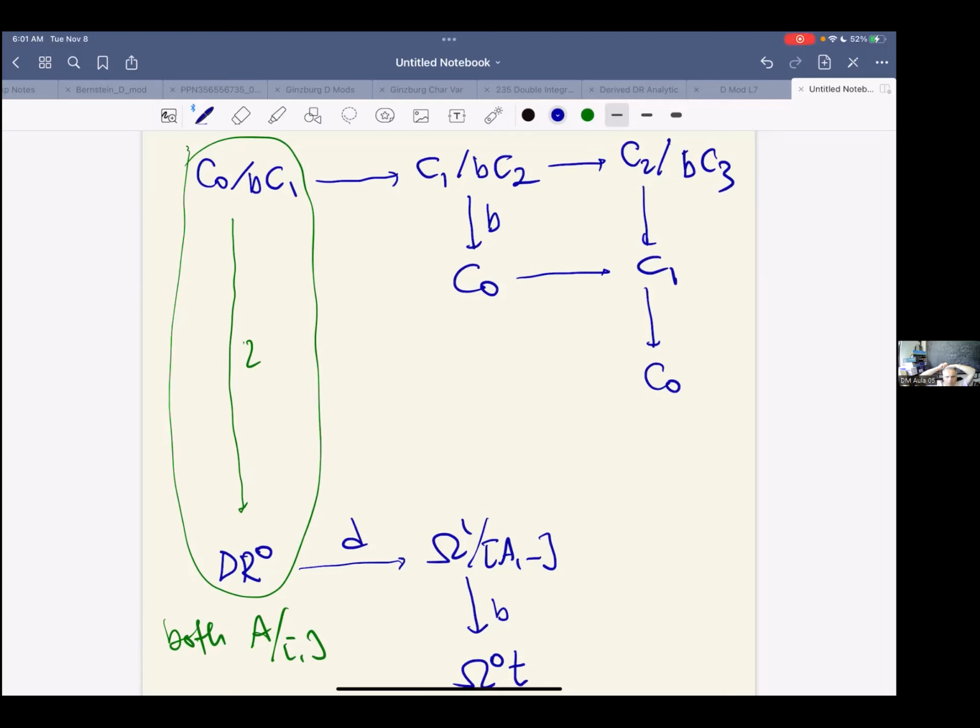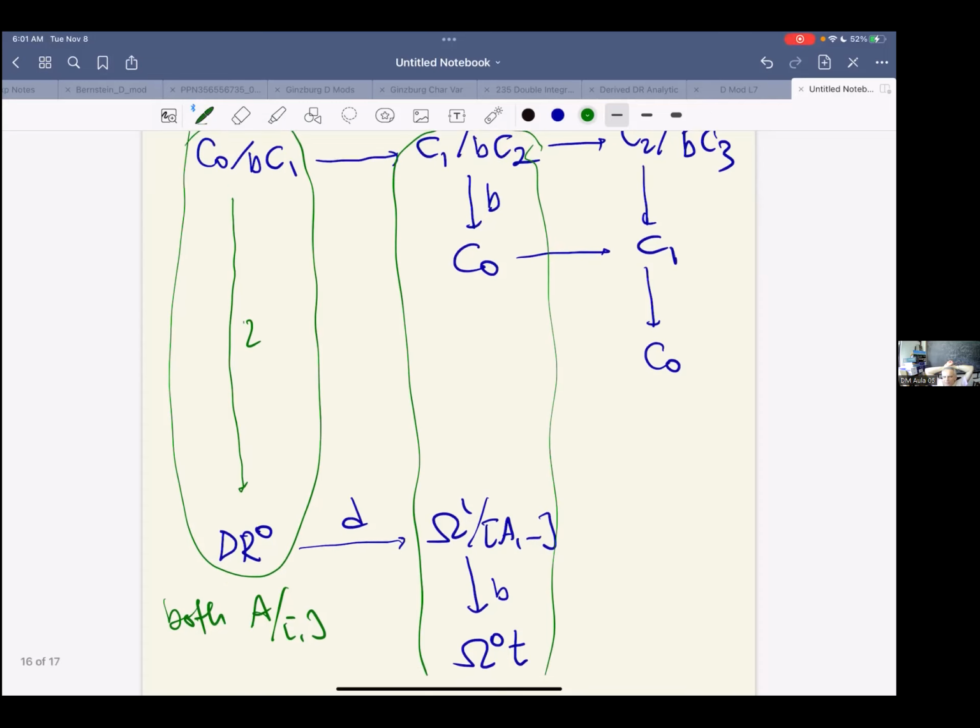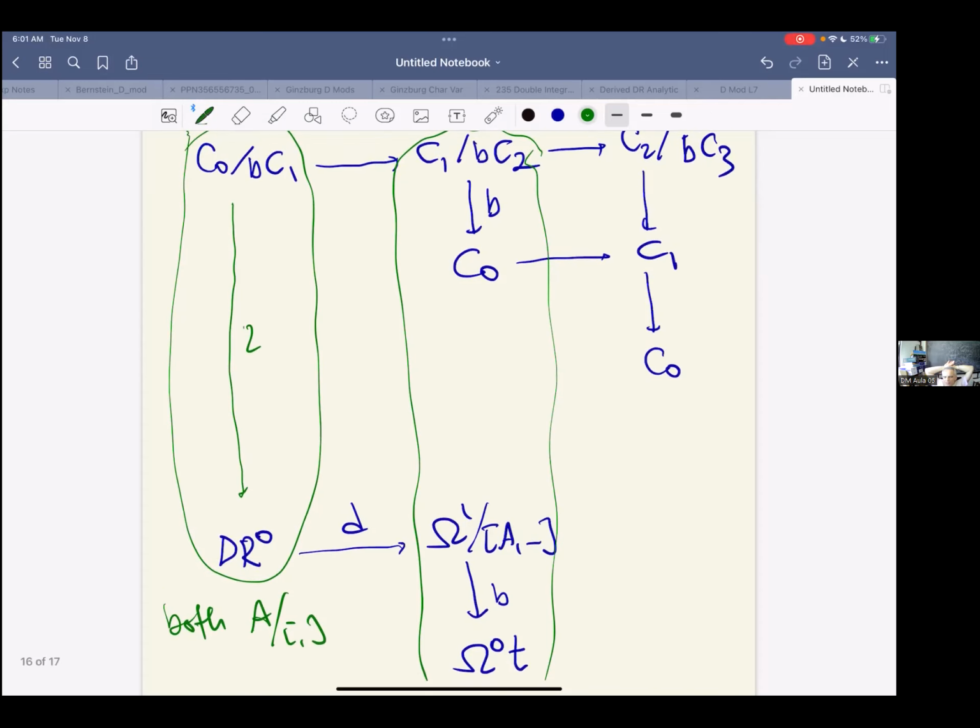And the claim is that it happens. Well, first of all, that the Hochschild-Rosenberg map respects the columns and the rows, and already here it's not obvious.